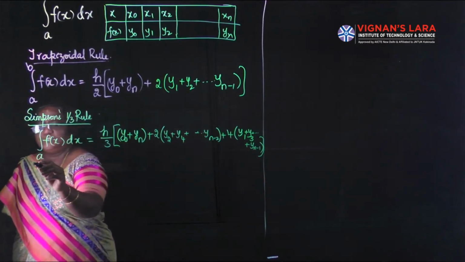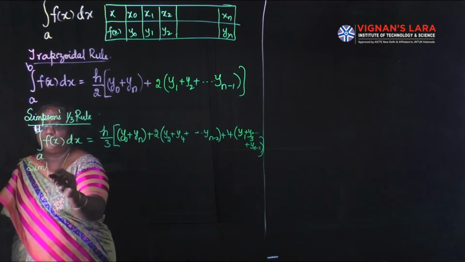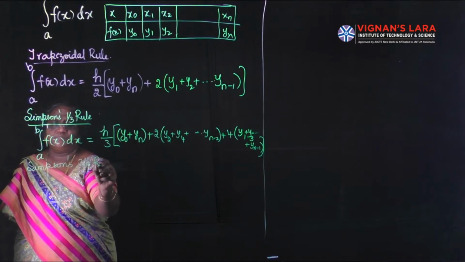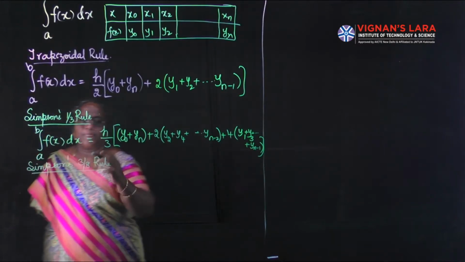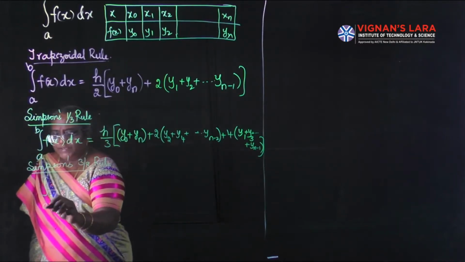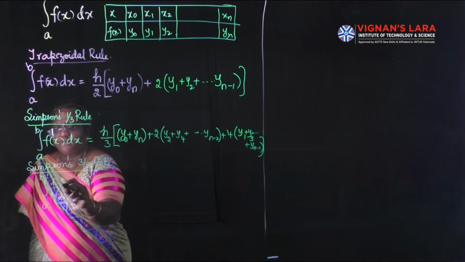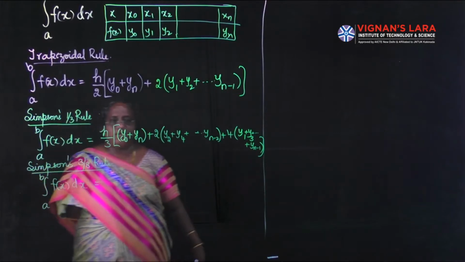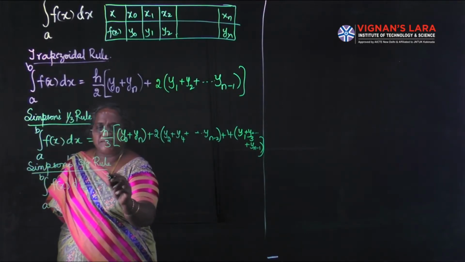Next, Simpson's 3/8 rule. Here integral a to b f of x dx is equal to, because it is the 3/8 rule, 3h by 8.